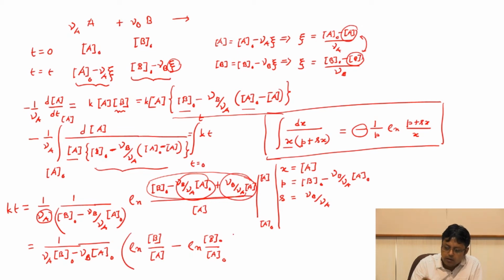So we can again rearrange it a little bit, which will be nothing but 1 over nu a b0 minus nu b a0, and then we'll have ln of b by b0 divided by a by a0.